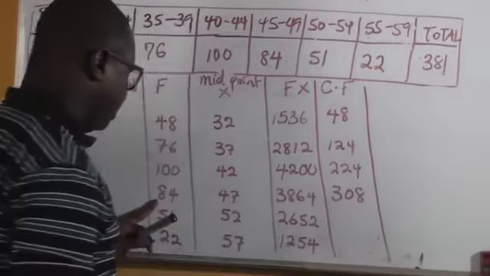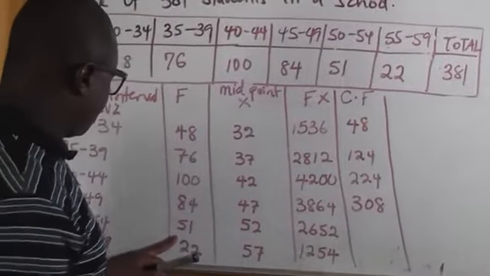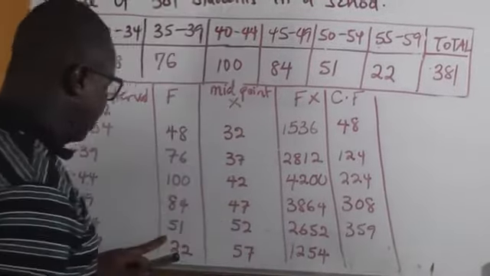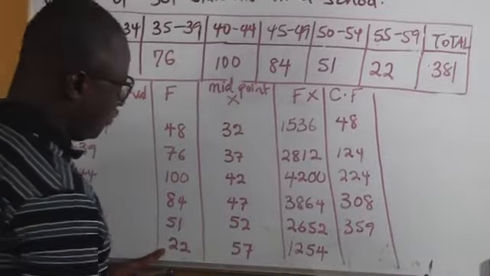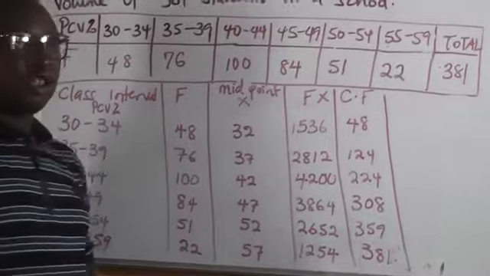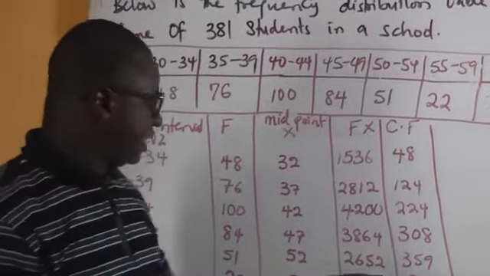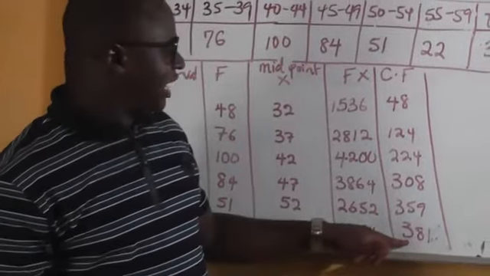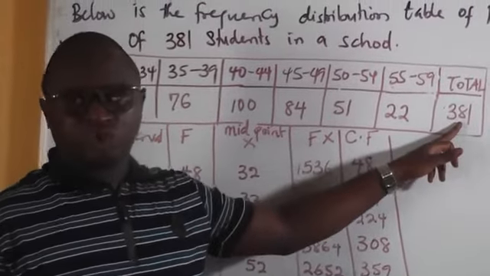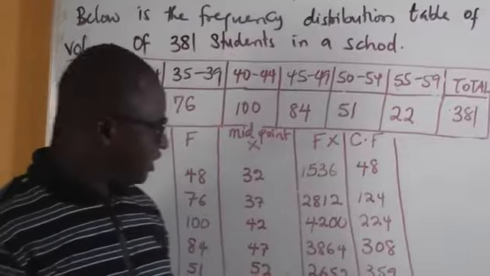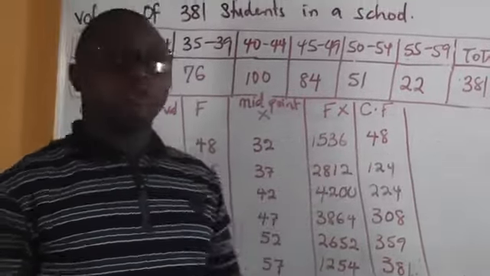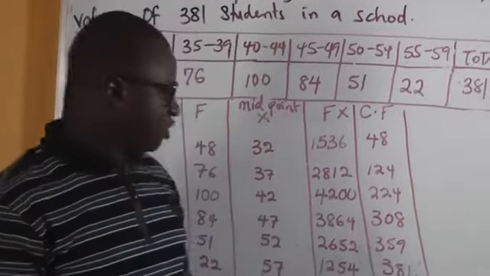Then 308 plus 51 is 359. 359 plus 22 will give you 381. Just like I normally tell my students, very important, this 381, your last answer here, should be the same as the 381 in your total. If you didn't get the last answer corresponding to this, something has gone wrong. But that means we are in order.